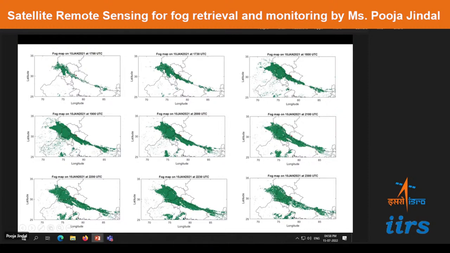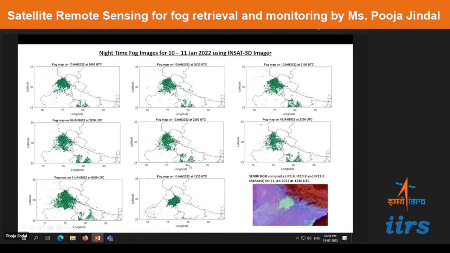Then the fog has increased at 17:30, it has further increased at 18 UTC, then 19 UTC, 20 UTC, 21, where now it has really increased a lot. Then at 22, 22:30 and 23 UTC, you can see the spread of the fog over Punjab, Haryana and Uttar Pradesh as well as Bihar.